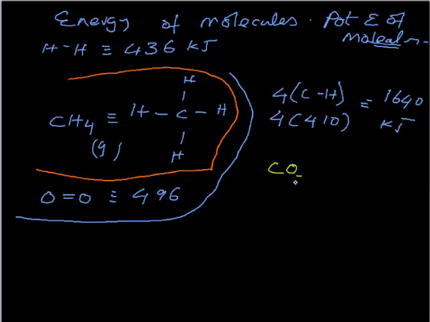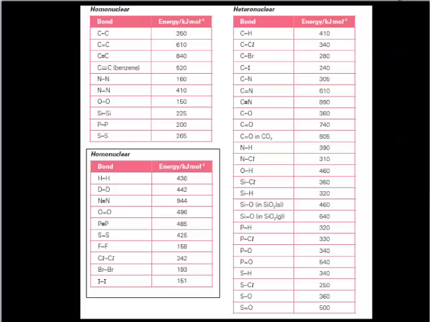So carbon dioxide, first you need to draw it in order to see how many bonds we have in it. So it's important to know how to draw the structures. Carbon dioxide, if you can recall, it's a linear compound with double bonds. Carbon dioxide consists of C=O. So there's 2 C=O in 1 carbon dioxide. And what we only have to do is to look for the energy of C=O in the data booklet.